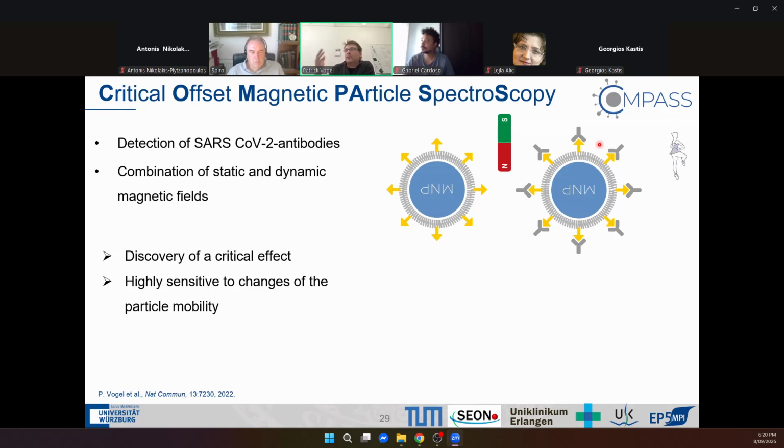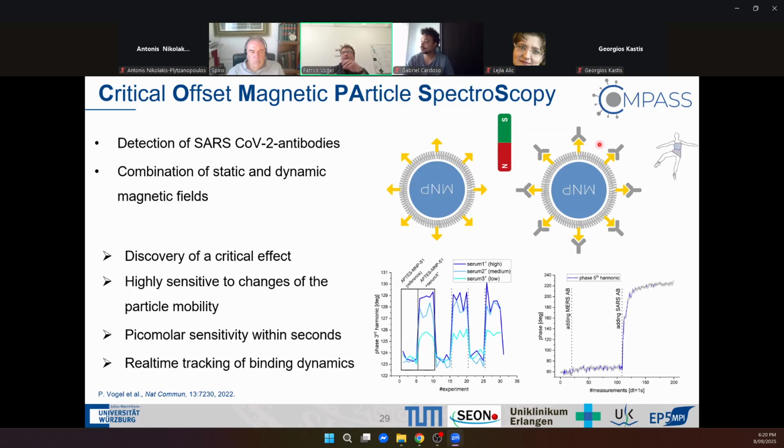So it's quite the same as we know from these ice dances. And that was the basic idea behind the compass effect, that we can now distinguish between the bound and the unbound state of this particle system.